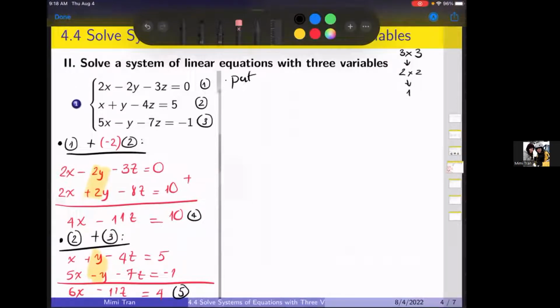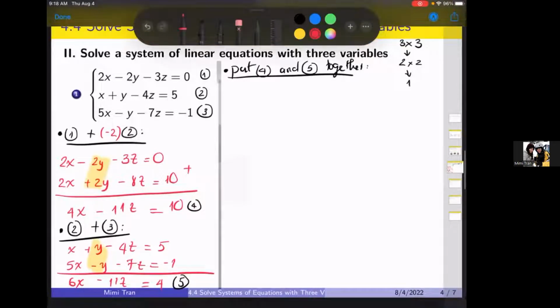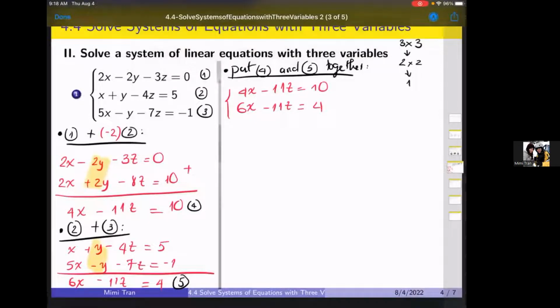Third step, put 4 and 5 together. 4 is 4x minus 11z equal 10. And then 5 is 6x minus 11z equal 4. You know how to solve this, right? We did this before in 4.2.